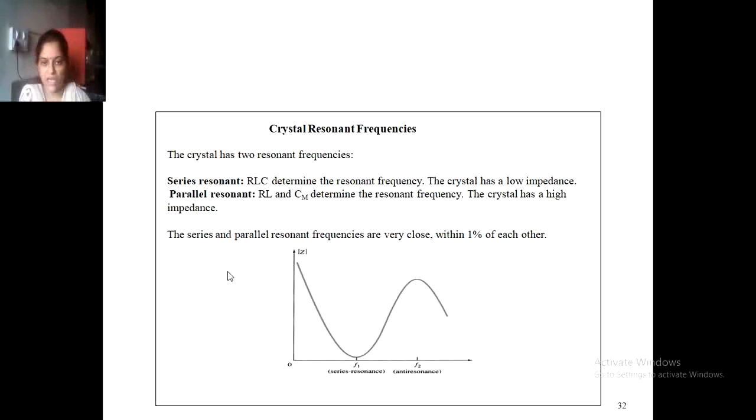The crystal has a low impedance in series resonance. While in parallel resonance, R1 and Cm determine the resonant frequency, and the crystal has high impedance. What is the basic difference between the two resonant frequencies of the crystal?